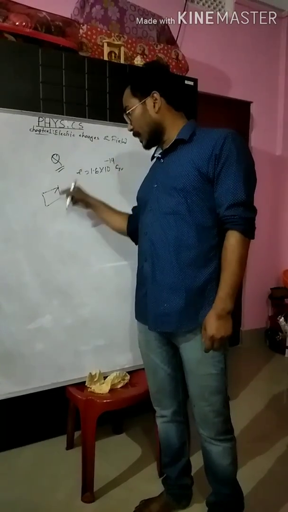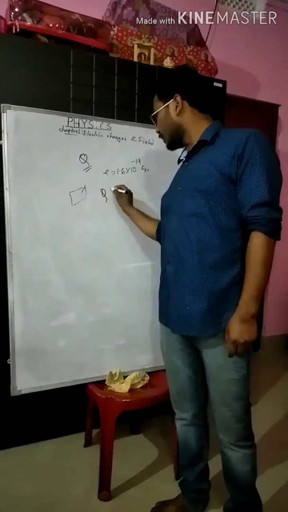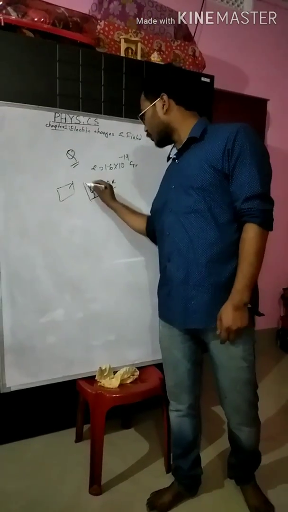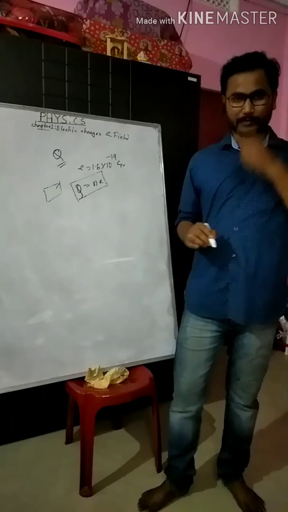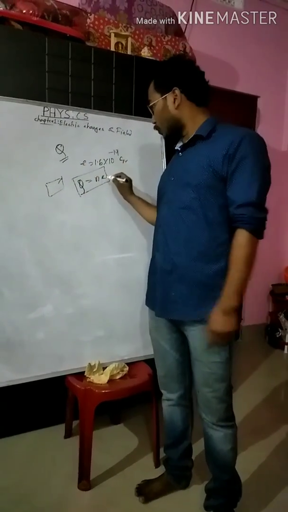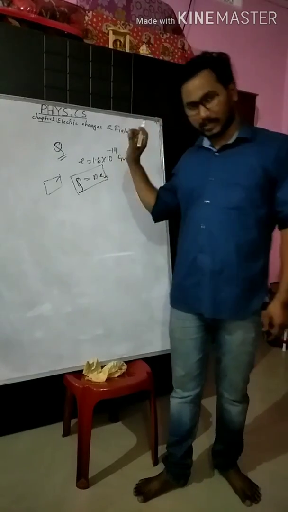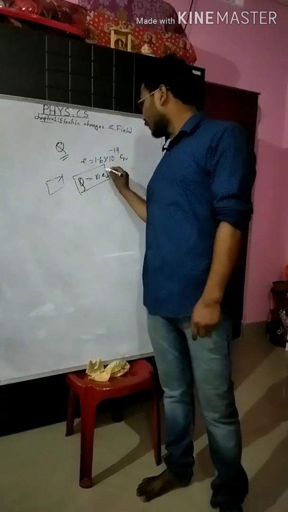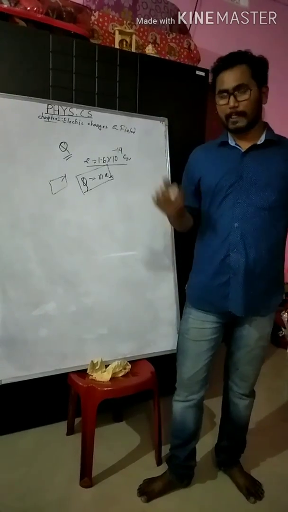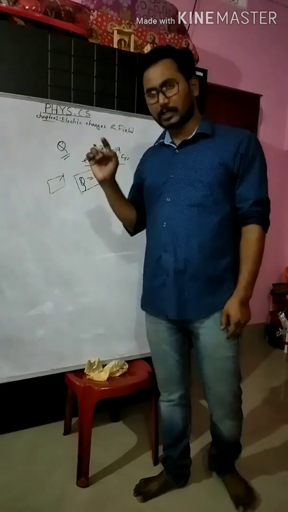That is, Q equals n into e. If you know the number and multiply by that small value e, you can find out the charge.